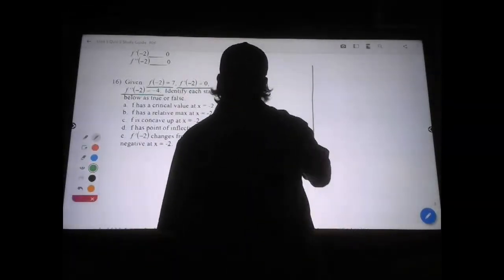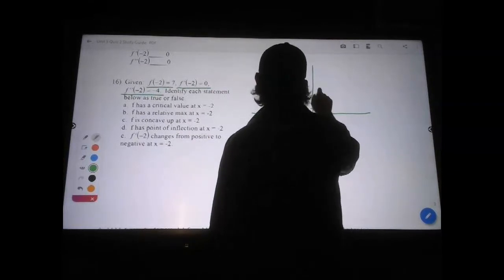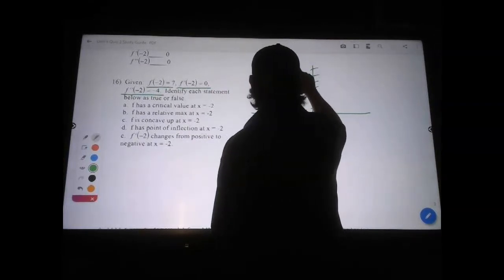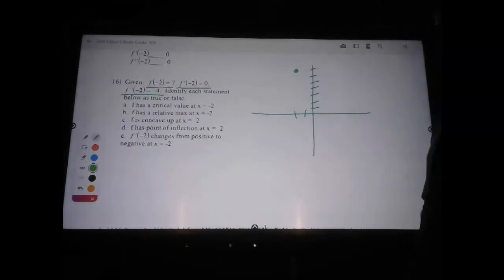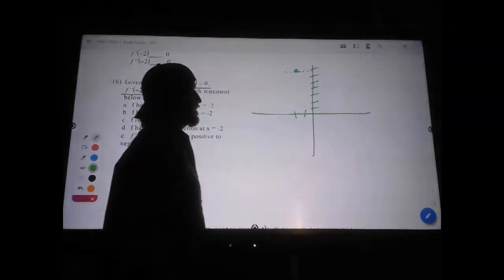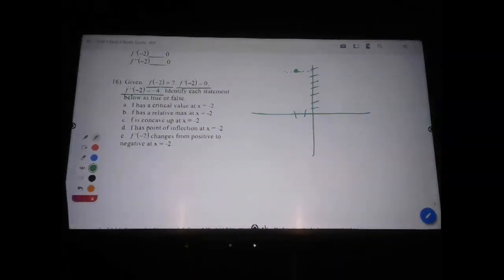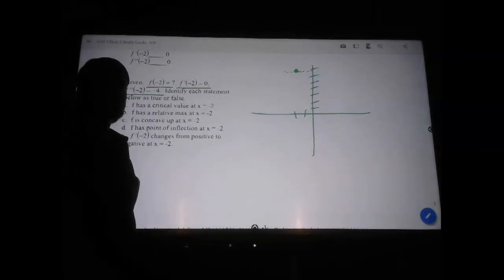I've got a point at -2, 7. My slope is 0 at that point. So I'm going to draw a dotted horizontal line to represent a horizontal tangent line. And what that usually means is we have a minimum or a maximum at that point, right?